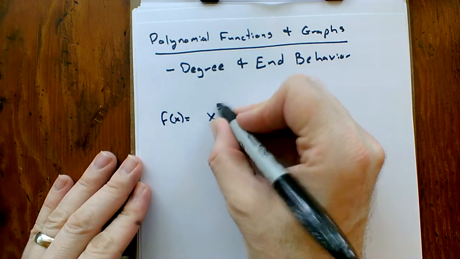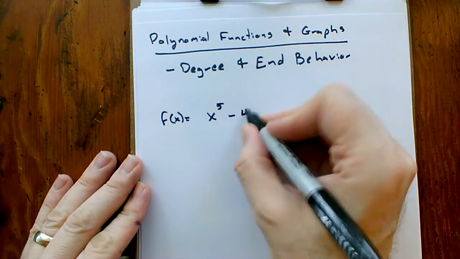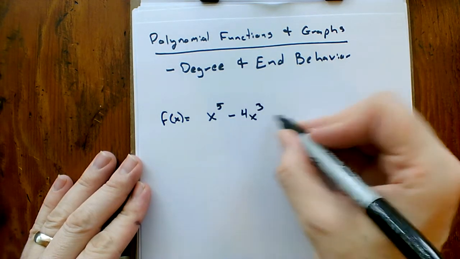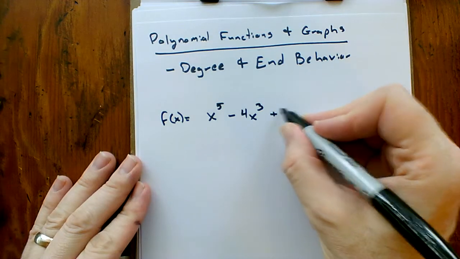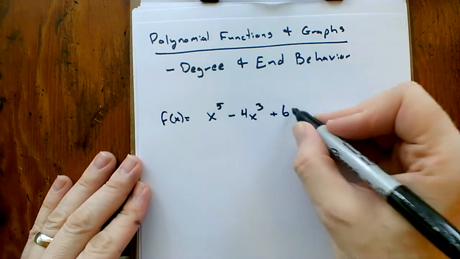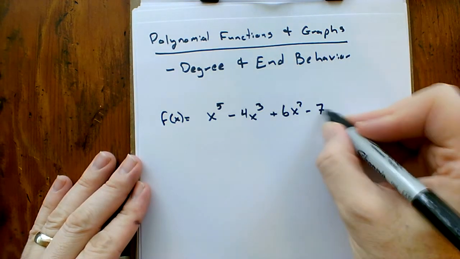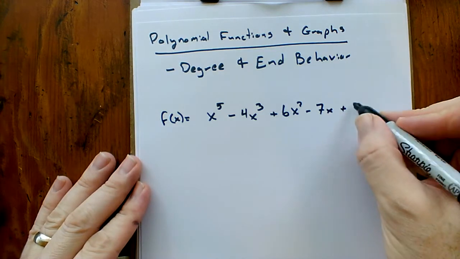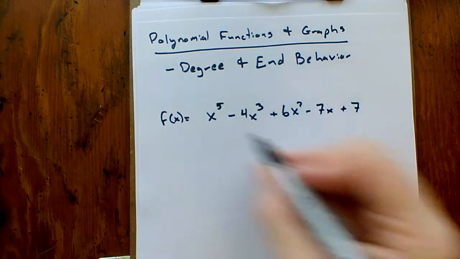So I could have x to the fifth minus 4x to the cubed plus 6x squared minus 7x plus 7. Who knows?